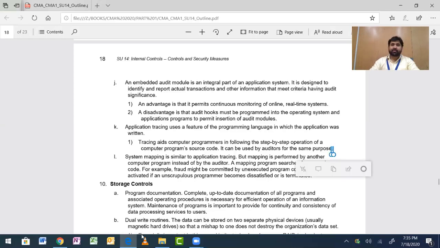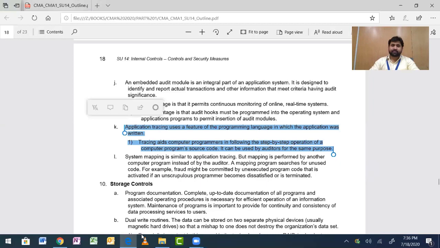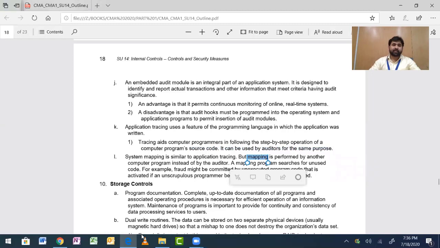Again, this is done for understanding the system better. System mapping is similar to application tracing, but mapping is performed by another computer program instead of by the auditor. So mapping will be done through another computer program, not by the auditor himself. Application tracing will be done by the auditor himself.